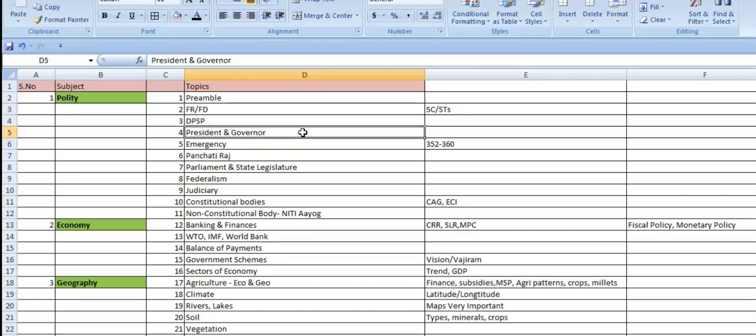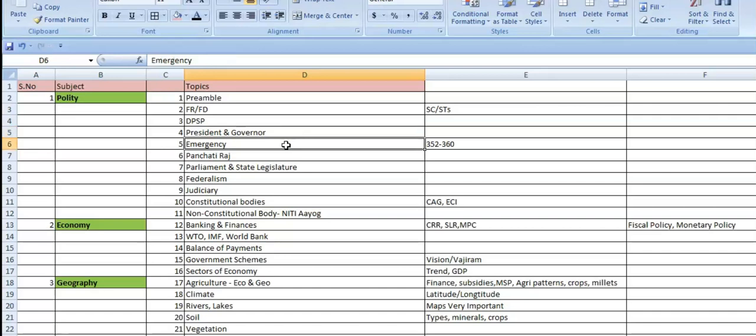And then the President and the Governor, either one will be there, because these are the head of India and the head of state. You have to write down their powers, their duties, their limitations. These are the areas you have to cover wholly.